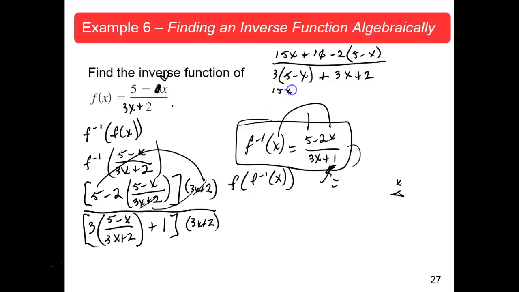That'll be a 15x plus 10 minus 10 plus 2x, okay, over, this will be 15 minus 3x plus 3x plus 2. Now, how can we simplify that?